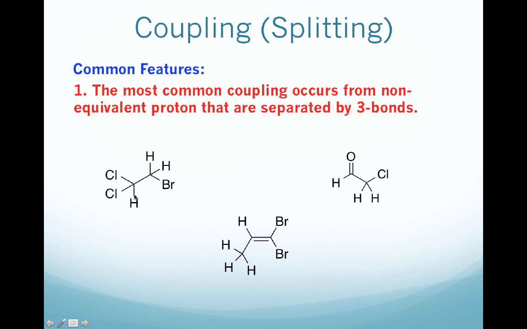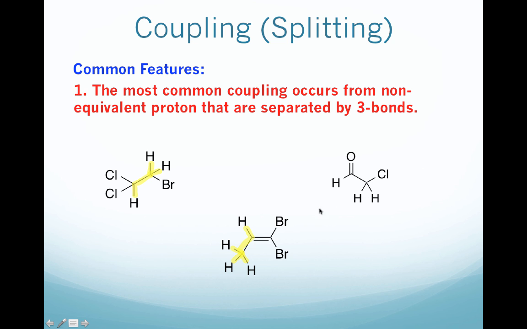So that's why this proton is separated from these 2 protons by a total of 3 bonds, so they're coupled. When this alkene here, we have this proton, and then it's separated from these 3 hydrogen by a total of 3 bonds.